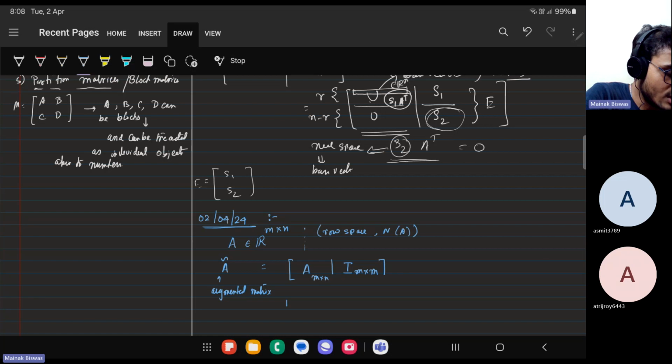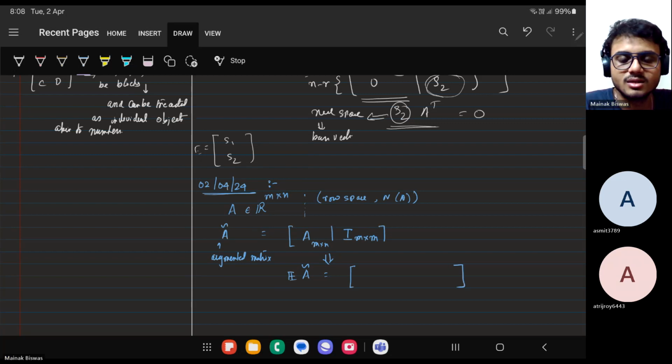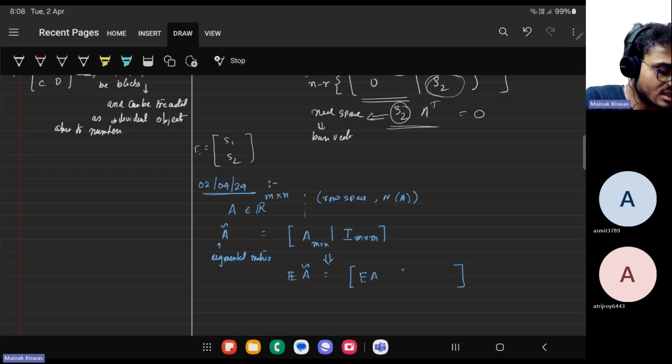If you recall, if we do elimination on this, we multiply E, an elimination matrix, with A tilde. What will we get as a result of the product? EA augmented with E. You will get EA and E, right?